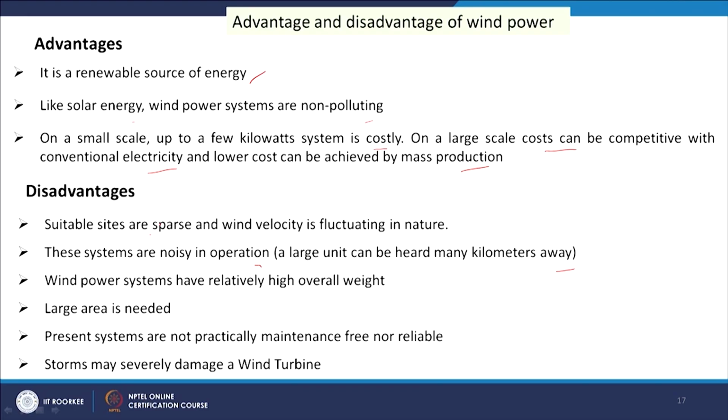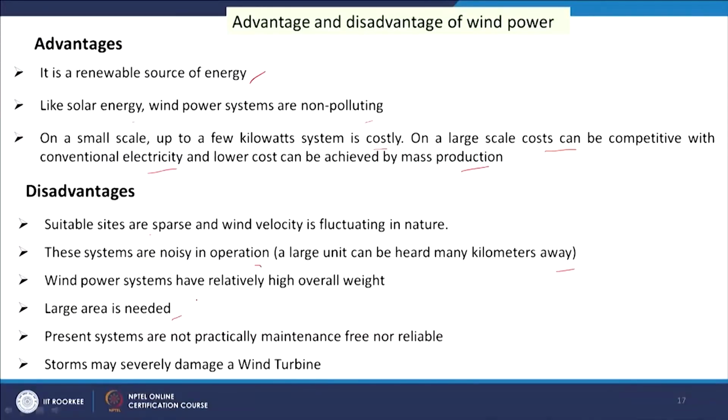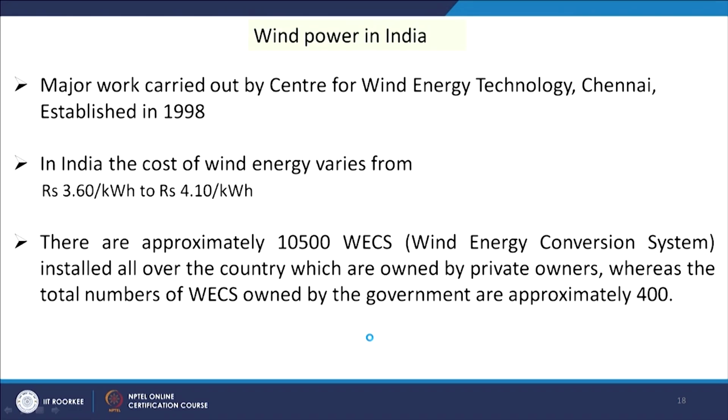So, wind speed has to be available, then only these machines can be applicable for that area. Wind power systems also have relatively high overall weight, obviously, and the present systems are not practically maintenance free nor reliable, and storms may extremely damage the wind turbine. So, we have to take some action for this.